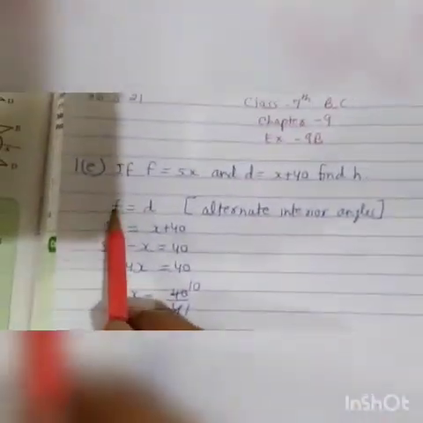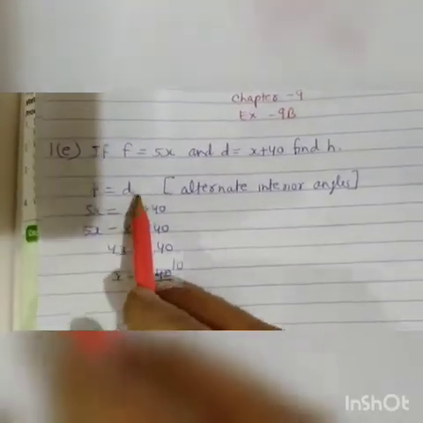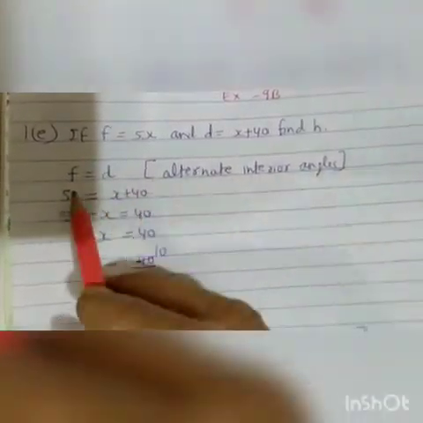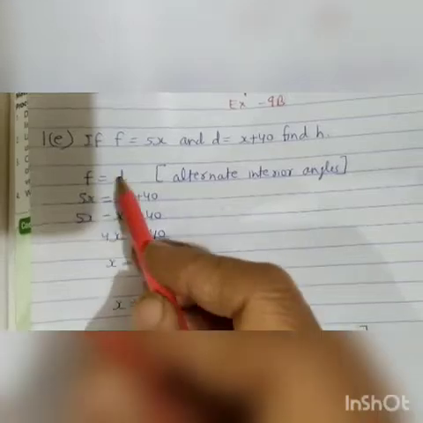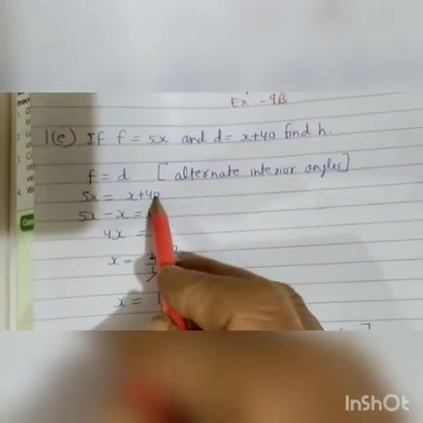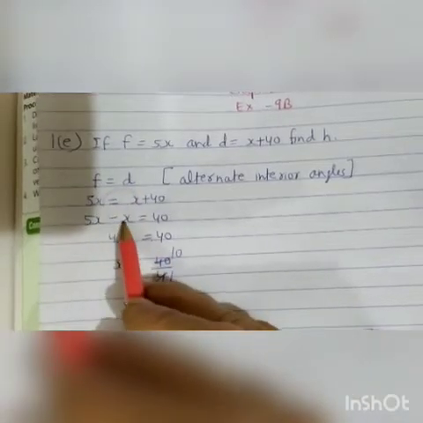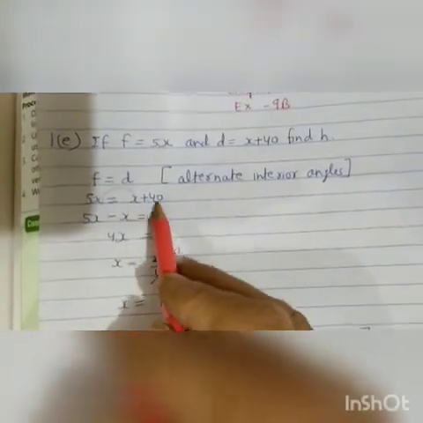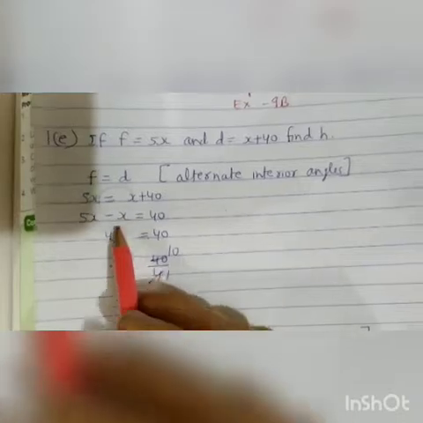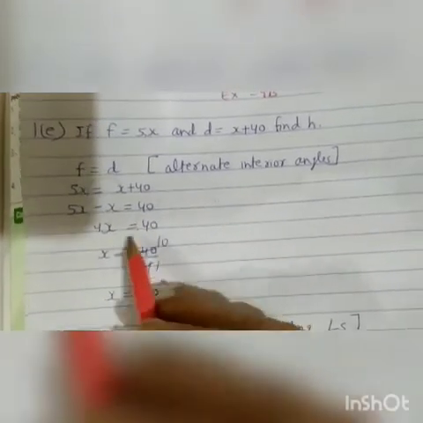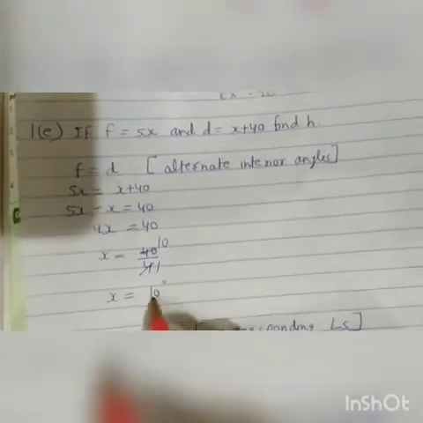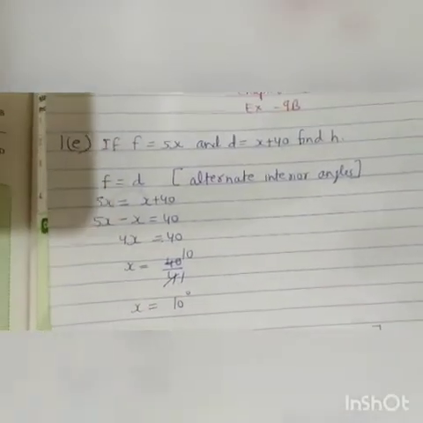So we will write F is equal to D. F is 5x and D is x plus 40. Then take this x to this side, it is minus x, equal to 40. 5x minus x, 4x equals 40. Then x is equal to 40 upon 4, which is 10 degrees.